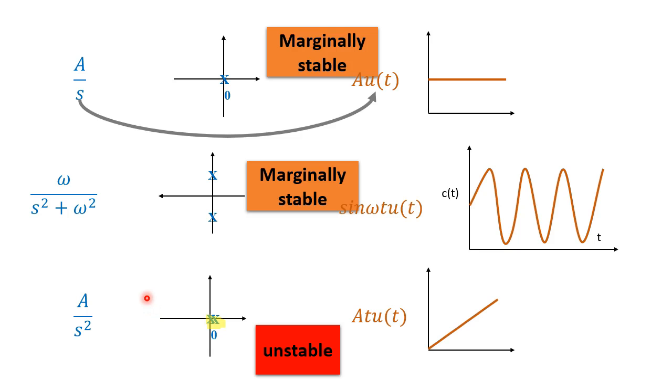Just remember this slide. This is a very important concept. Even if all poles are on the left half of the S-plane, it will be unstable if repeated poles exist there. If repeated poles exist, the system will never be stable, it will always be unstable. Now let's move on to understand our stability more clearly.